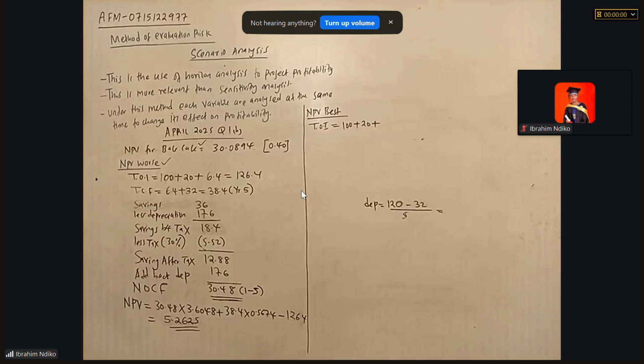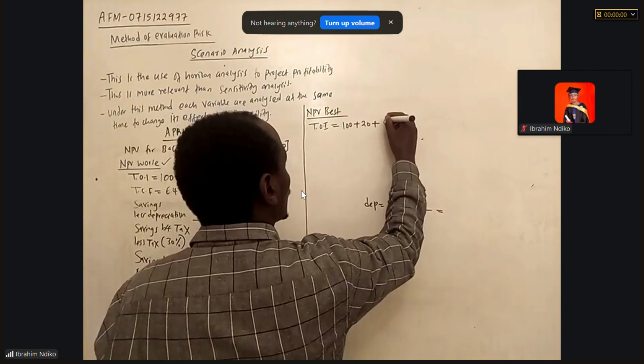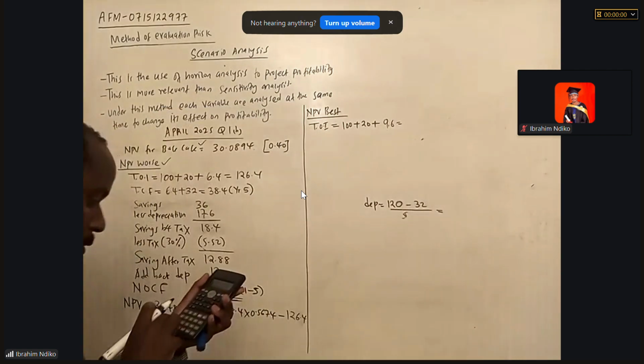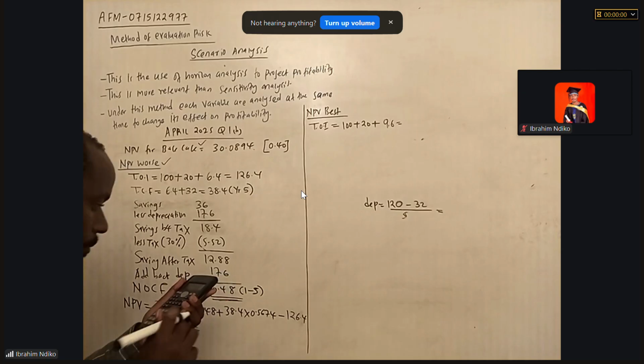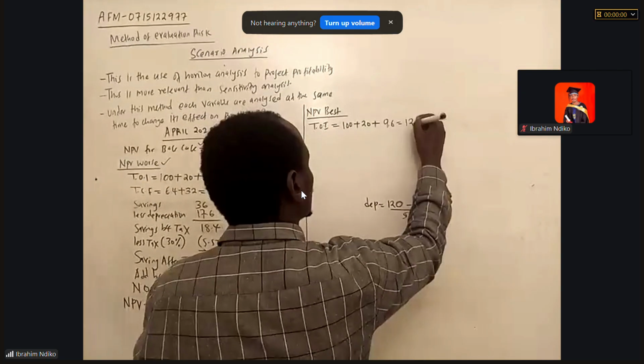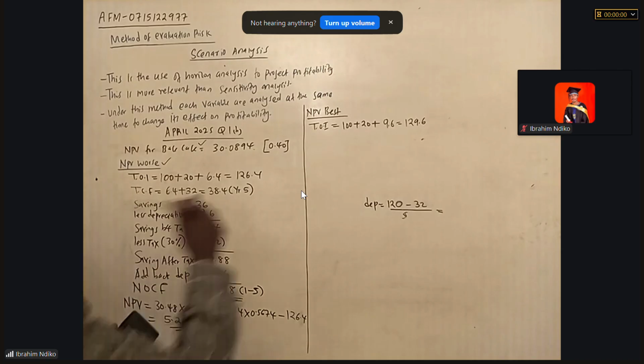So for the best, what is our working capital? The working capital is 9.6. 100 plus 20 plus 9.6.